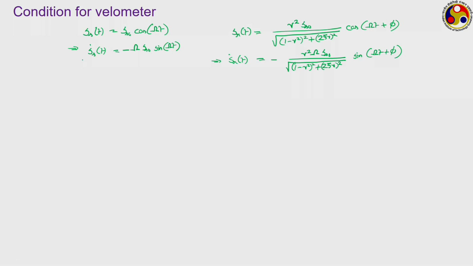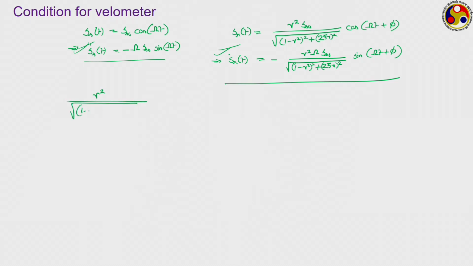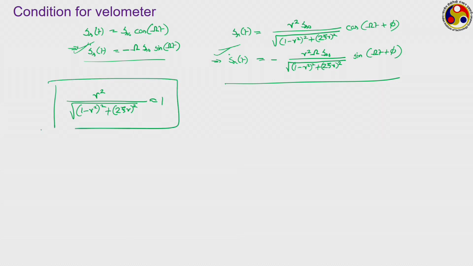So, compare this particular form with this particular form. This is what we are looking to measure, this is what we are getting from your system. So, in a situation when again the same term which we had for a vibrometer, that is r square upon the square root of 1 minus r square whole square plus 2 zeta r whole square, is nearly equal to 1, then what we have in this case?